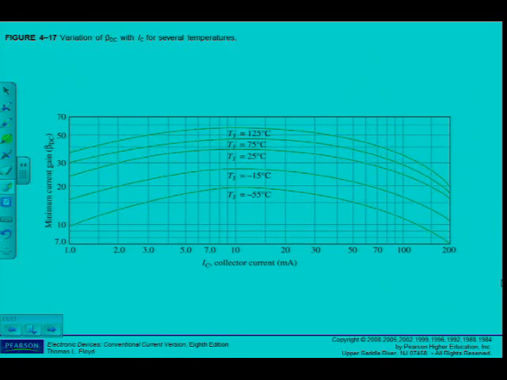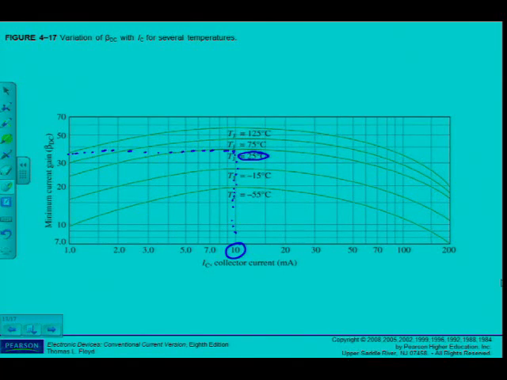Let's take a transistor that has to operate at what we call room temperature, 25 degrees, and let's say that the collector current at this stage is 10 milliamps. If I look at 10 milliamps at 25 degrees, I will see that my beta DC value is approximately 37.